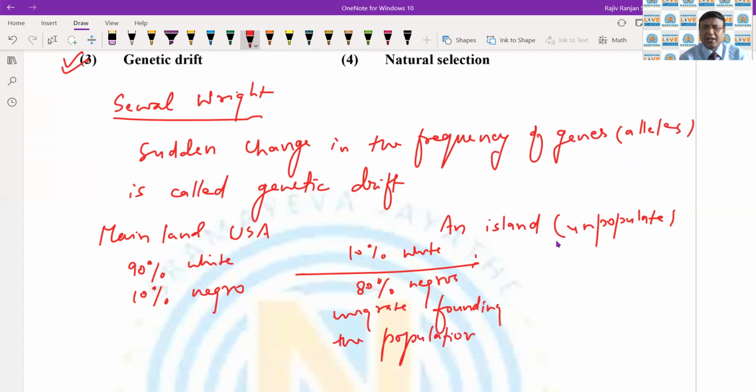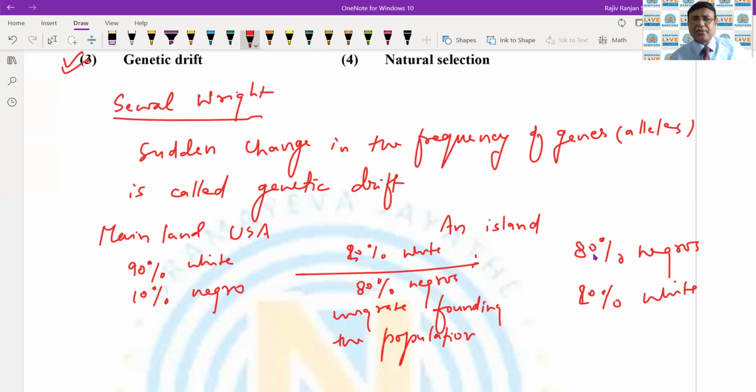So subsequently, when that island gets populated, this island now contains 80% Negroes and 20% white. So here the allelic frequency has changed, and if there is no intermixing of the populations of that island and the mainland USA, obviously this island will just evolve.